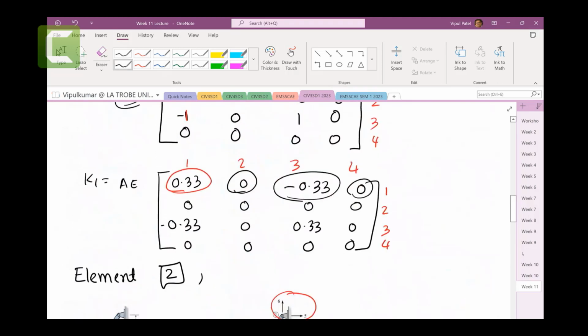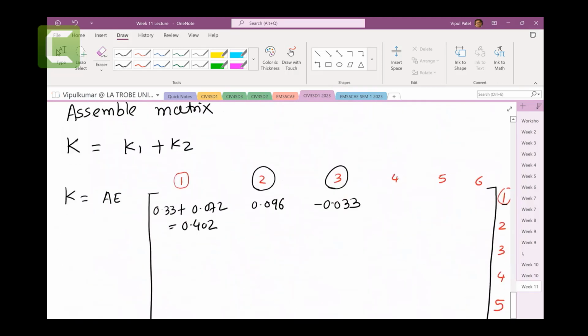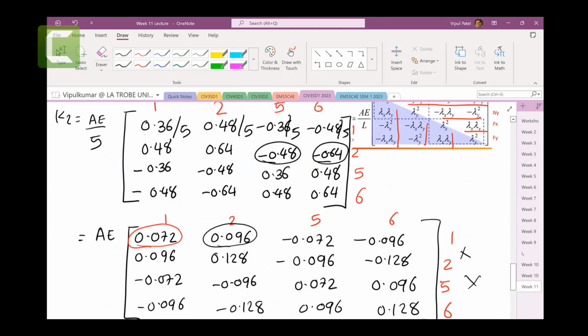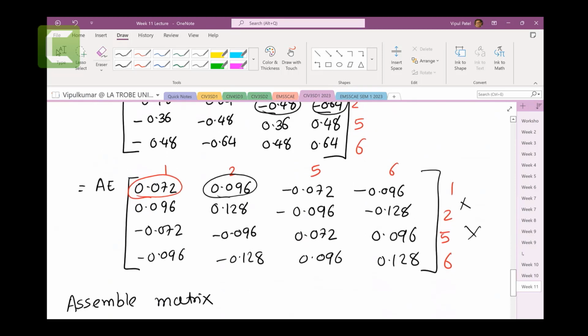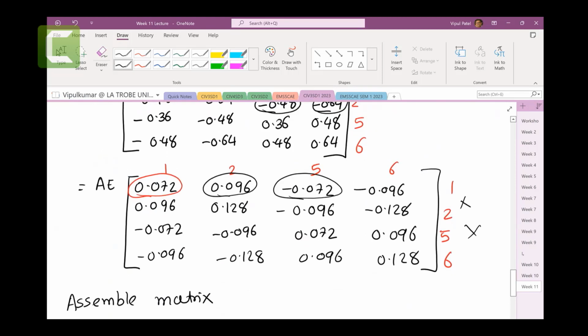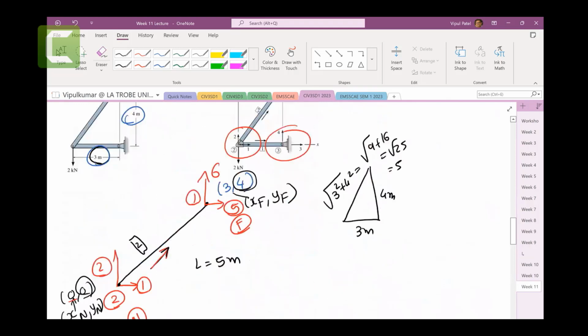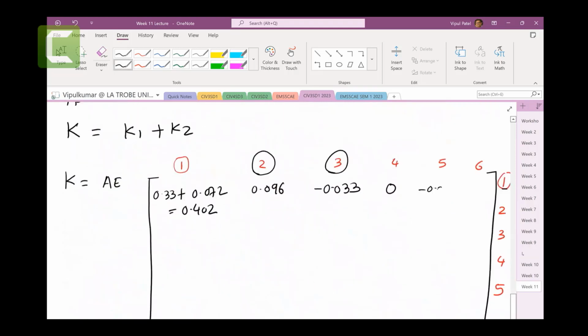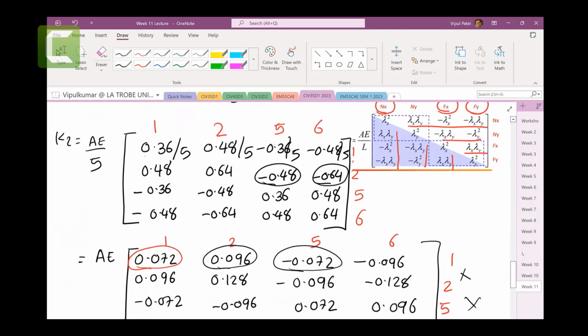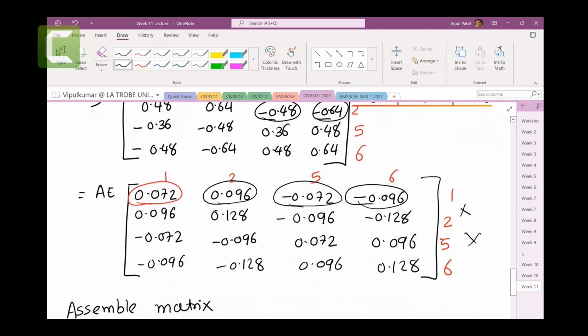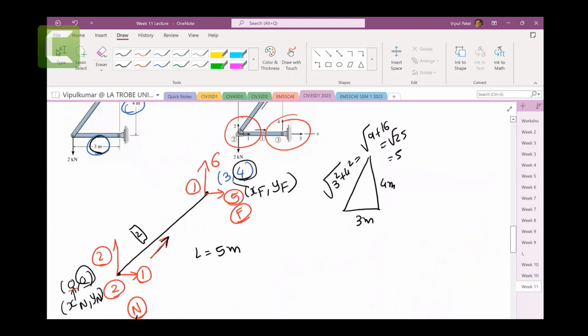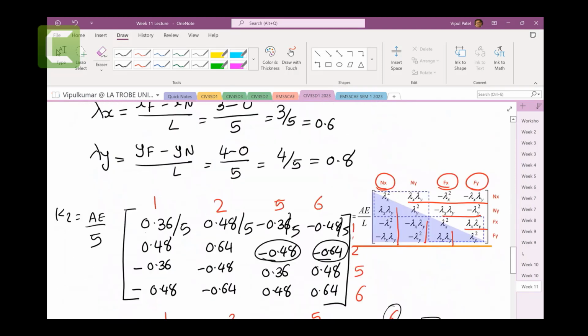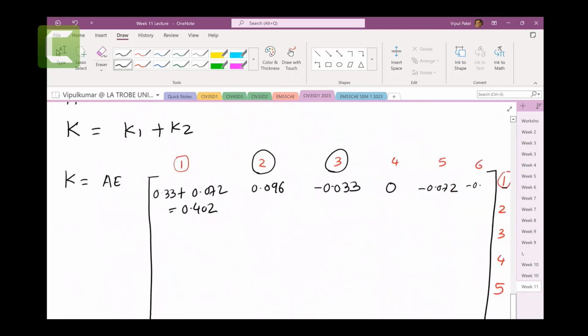Number 4 and 1 is 0. Number 5, column 5, row 1: minus 0.072, and there is nothing here, so minus 0.072. Column 6 and row 1: minus 0.096, and there is nothing here, so minus 0.096.